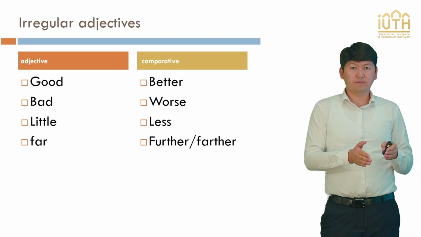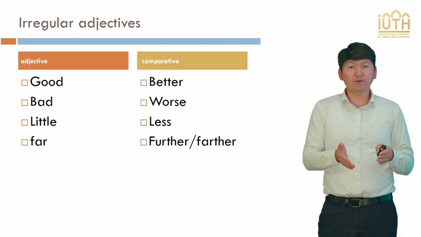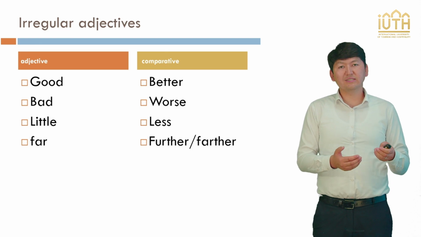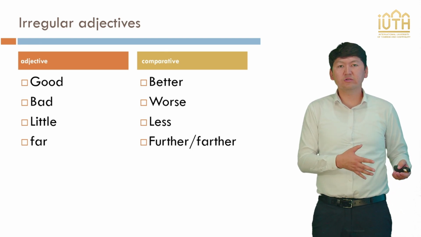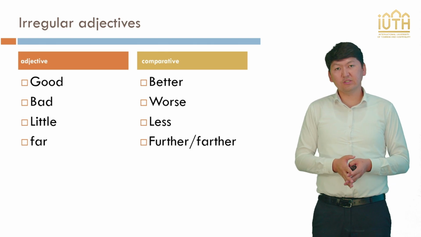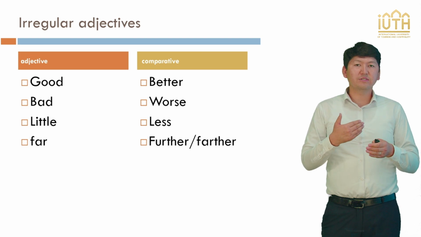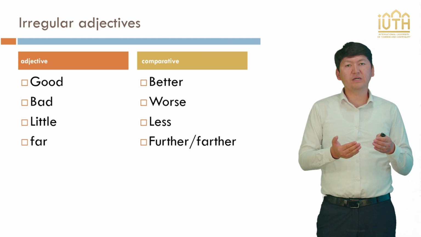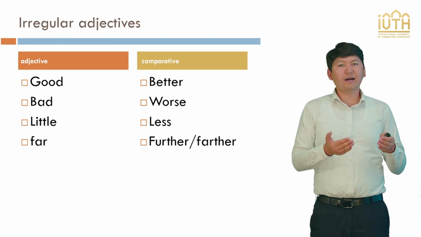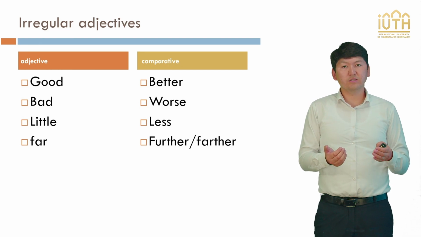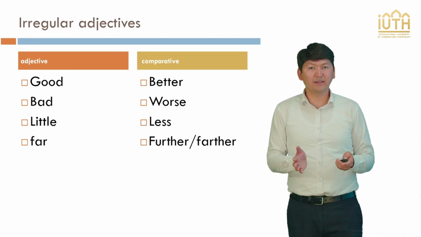Far, farther. These are irregular adjectives. They are not ordinary or simple adjectives, so we change them differently, like good, better. You have to memorize them, but don't worry, there are only a few, not many.